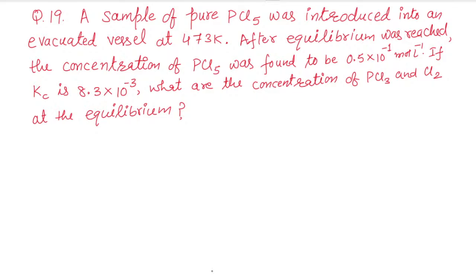So our first topic, first question of today's lecture is question number 19 of the exercise on equilibrium. The question is: a sample of pure PCl5 was introduced into an evacuated vessel at 473 Kelvin, and after equilibrium was reached, the concentration of PCl5 was found to be 0.5 into 10 raised to power minus 1 mole per liter, which is actually 0.05 mole.